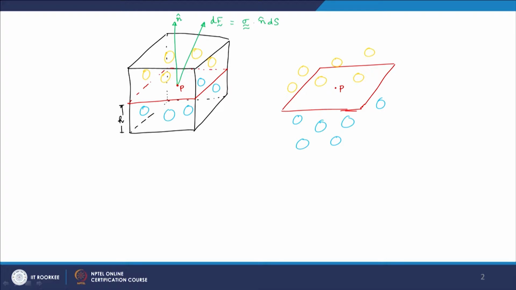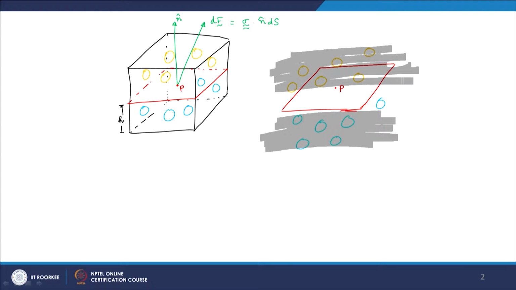So these particles are of course in a solvent, let us say water, but that solvent is not explicitly modeled. We do not really care about the position of, say, water molecules or whatever solvent there is. We look at the position of the solute segments that are below and above, and the forces acting between them and how they contribute to the stress acting on a given plane or the force acting on a given plane.